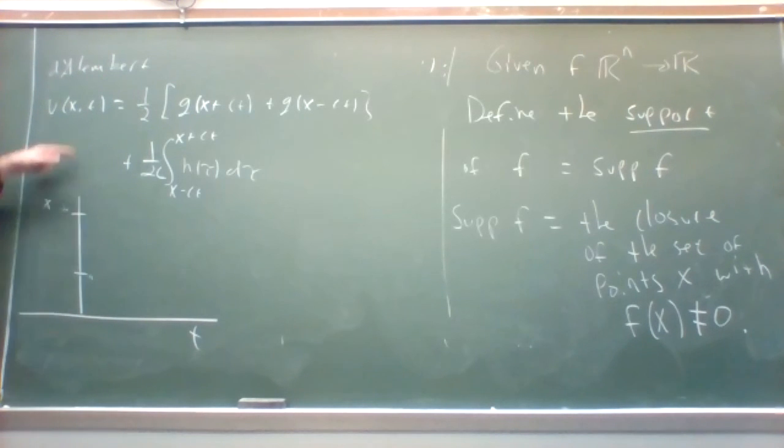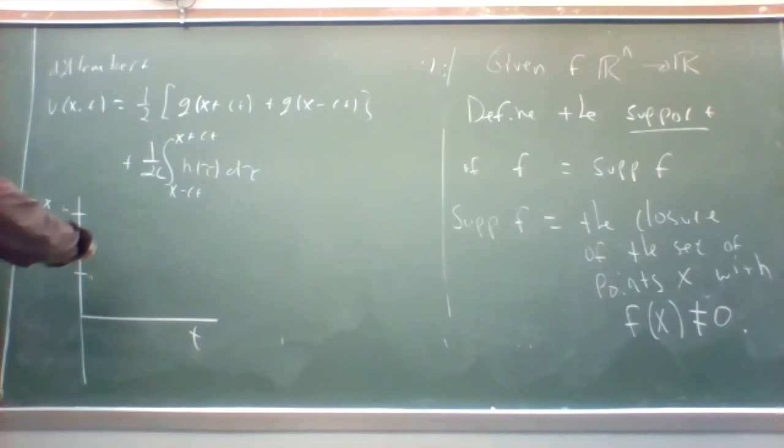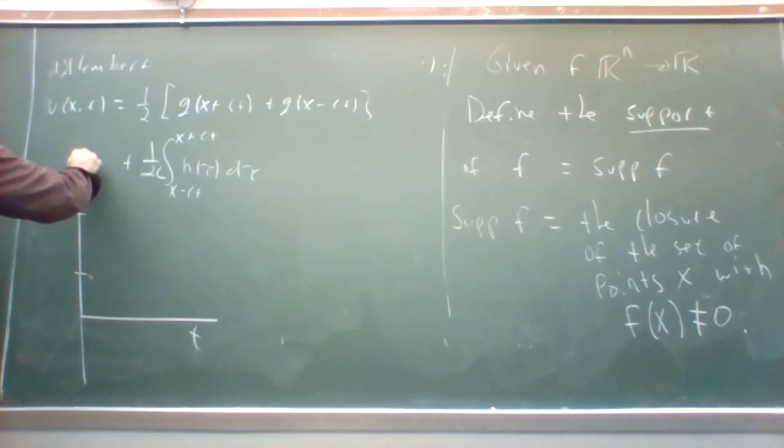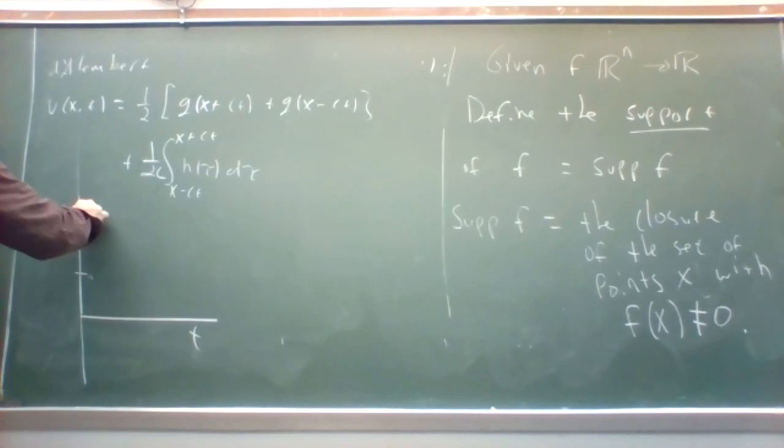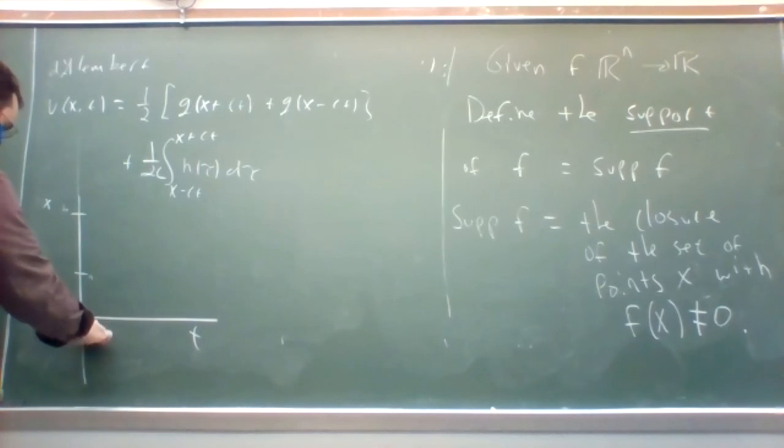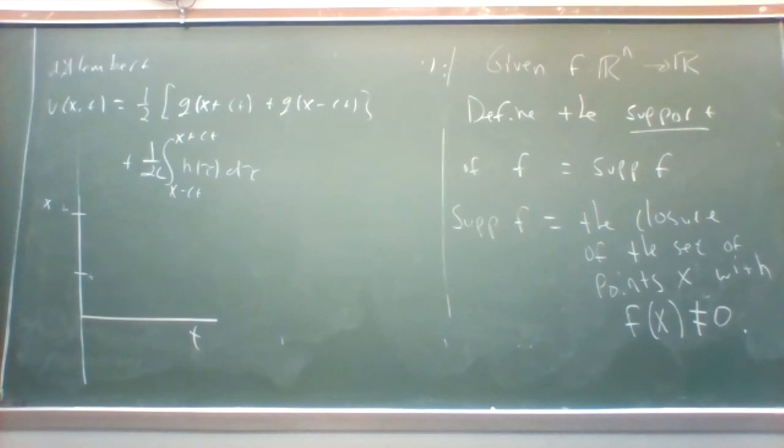Remember, this is the initial time equals 0. Position, and the graph of g, who knows what it looks like, but it's 0, 0, 0, non-zero out here, and then as you go past a, it's 0 again.